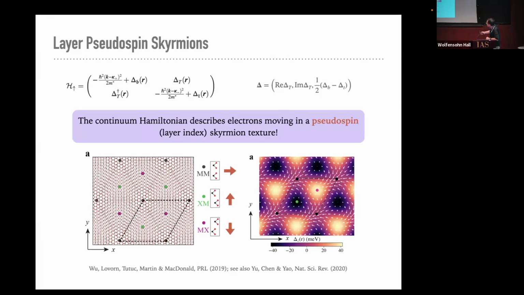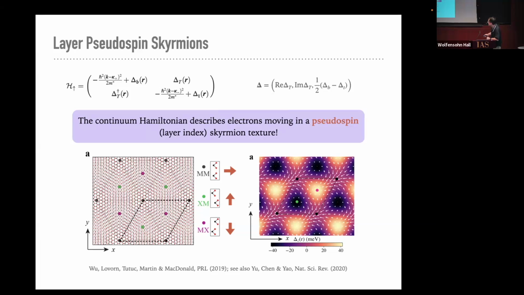As we mentioned earlier, this is the MX, this is the XM point, and due to symmetry, the layer pseudospin can only point out of plane. In this figure, the color means the z component, and these little arrows mean the winding of the in-plane component.